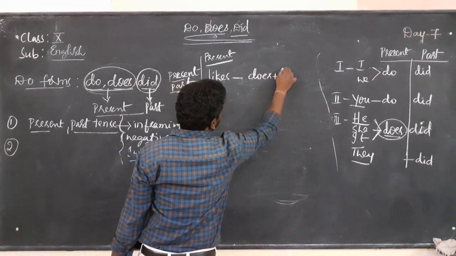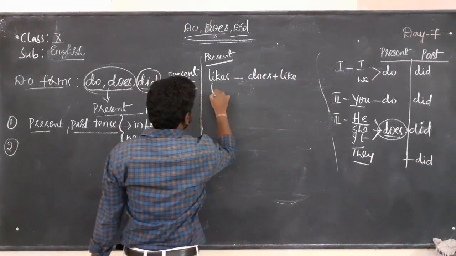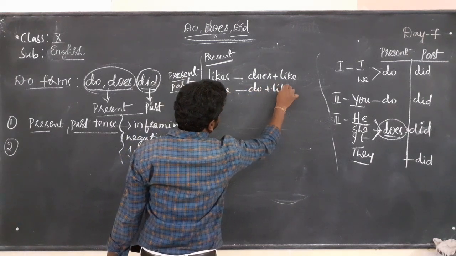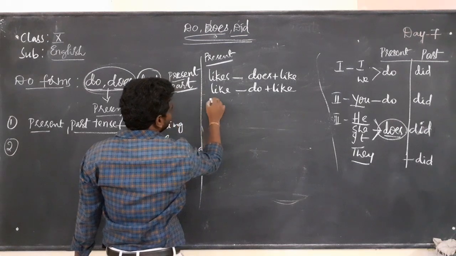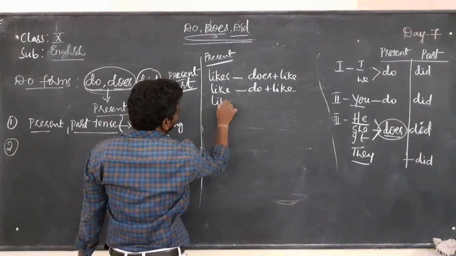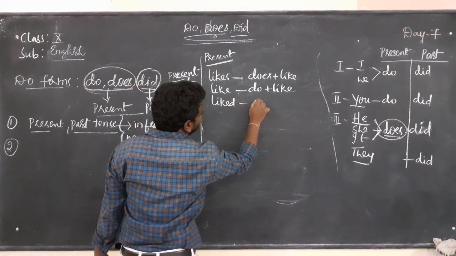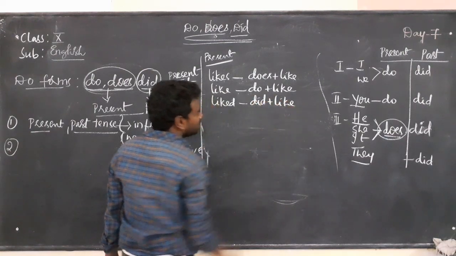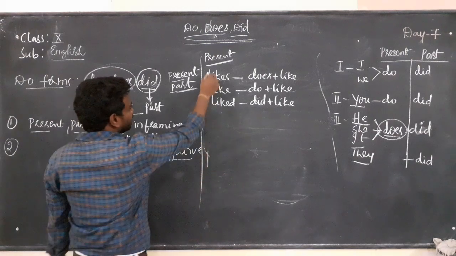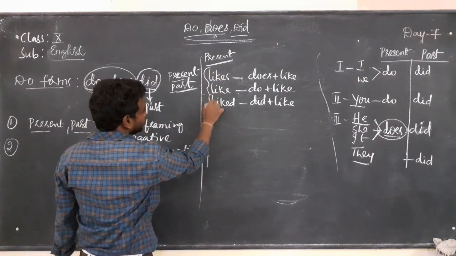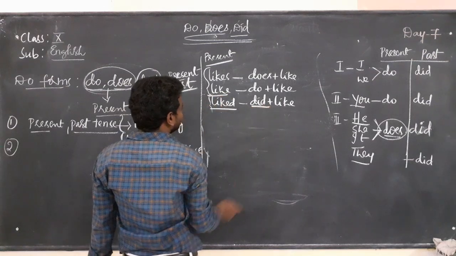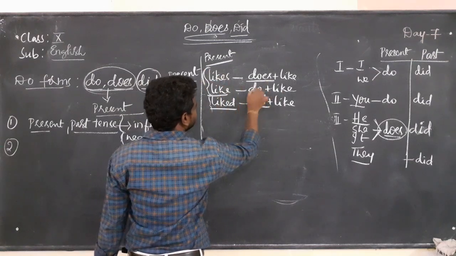Does plus like. If I write like, how do I write? Do plus like. Right. So now here, if I write liked, here did plus like. So here this is present form, this is past form, right? In past we use did, in present we use does or do.